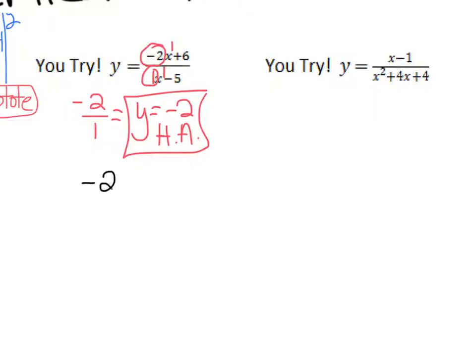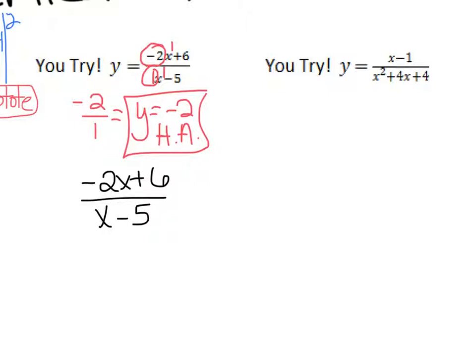So I'm going to rewrite this. Now for the next one with the vertical asymptote, the top part actually could be factored because they have something in common. They have a 2 in common, or you could even think of it as a -2.